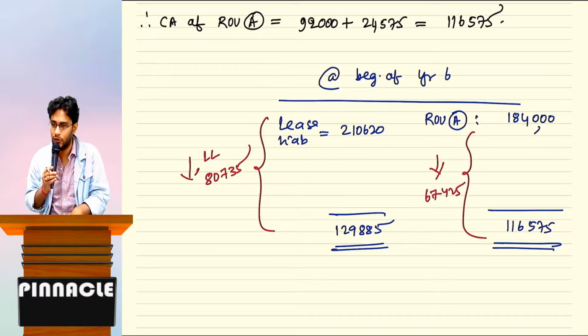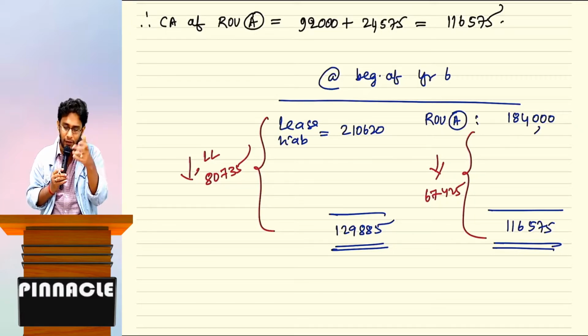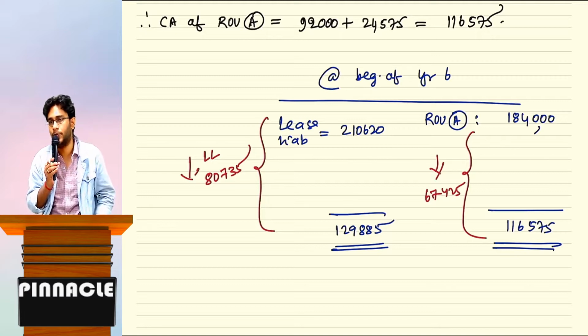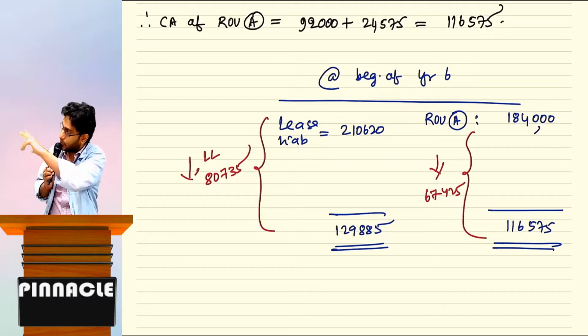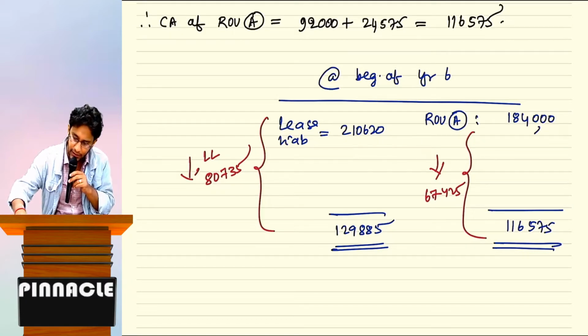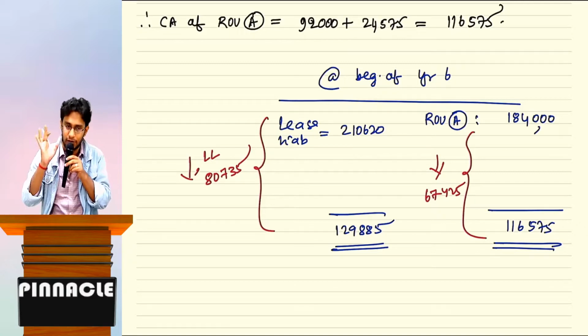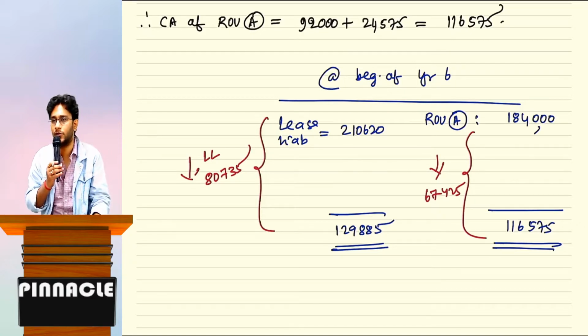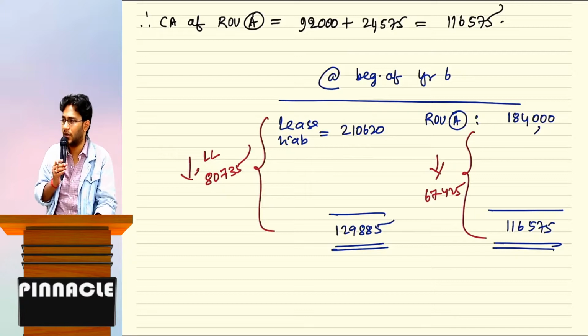That is good enough for you. The gap is exactly what we have thrown off into PRL. You can check the difference between these two: 80,735 minus 67,425 is 13,310. That's exactly what we have thrown off into PRL. This is the overall accounting of this.